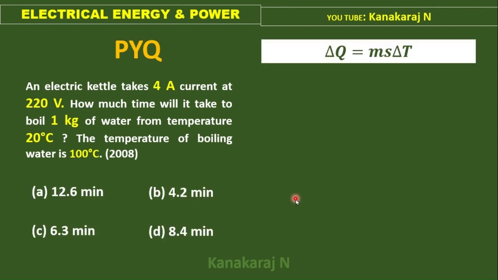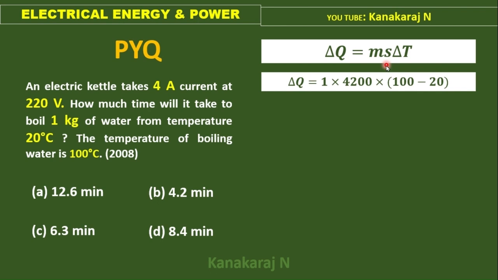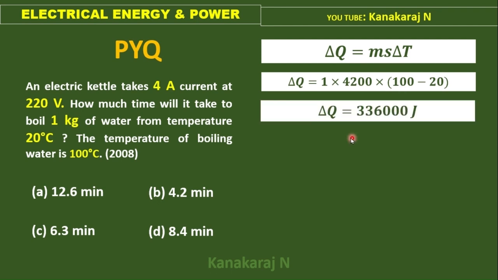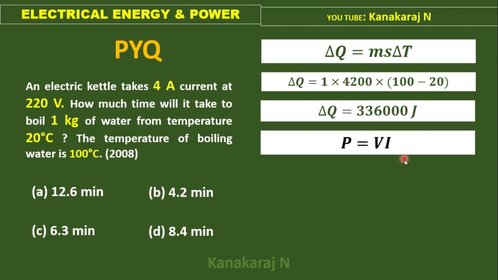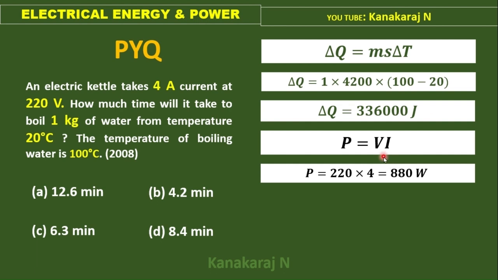So let us start. Del Q is the heat developed, that's equal m s del T. The mass is 1 kg, specific heat capacity of water is 4200, the rising temperature is 100 minus 20. The answer is 336,000 joules. Good. Then the power is voltage multiply current. The voltage is 220 and the current is 4.